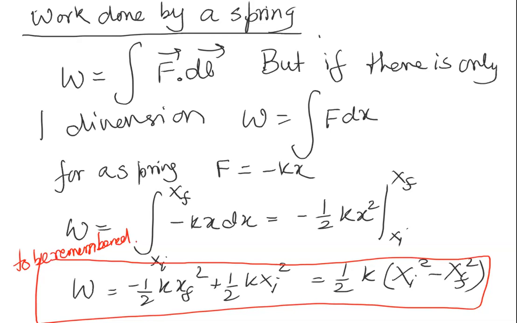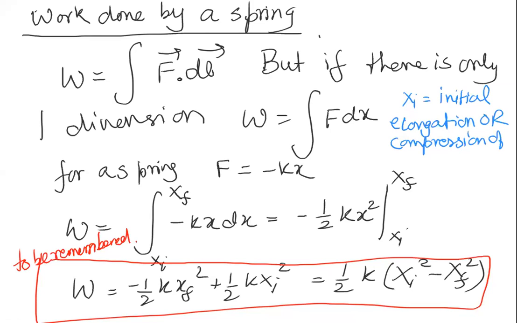Where xi is the initial elongation or compression of the spring.